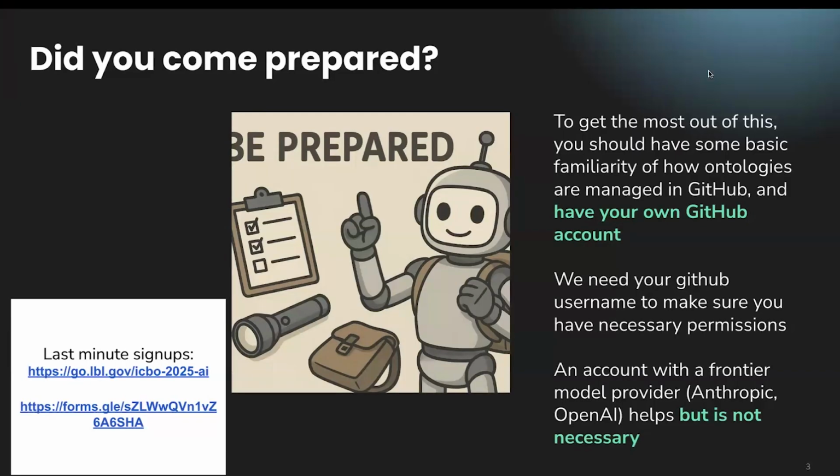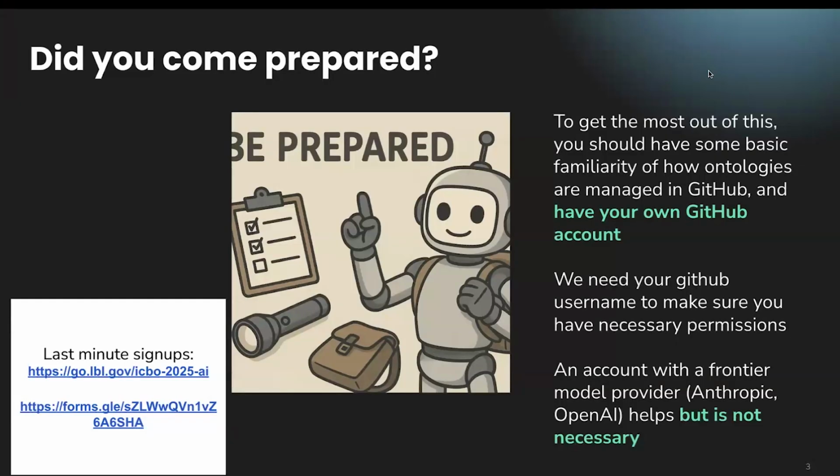All right. So hopefully most of you have come prepared. In order to get the most out of this tutorial, it's best if you have your own GitHub account and you've supplied that GitHub account to us. If you've not done this, it's not too late to do it now, I don't think.